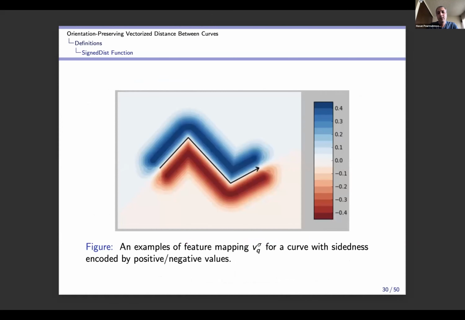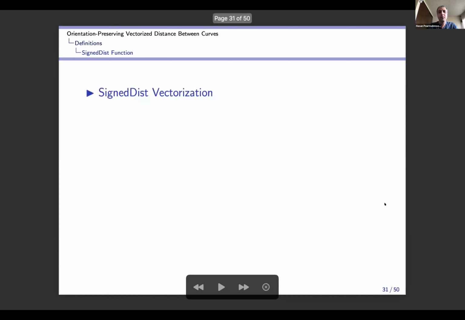This is a pictorial sense of the VQ sigma function, which is encoded by positive and negative values for a curve with sidedness. So if a landmark is above the curve, then our VQ sigma function will assign a positive value, and on the other side will assign a negative value.